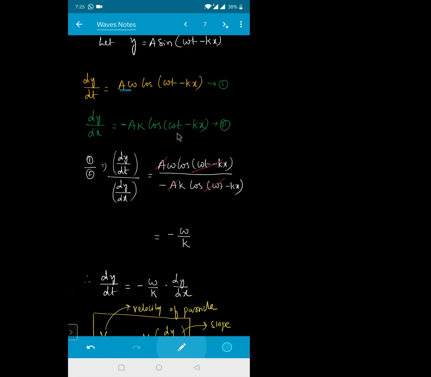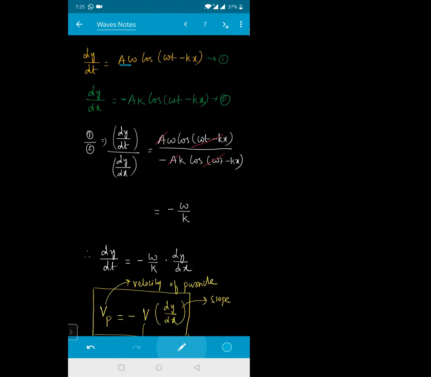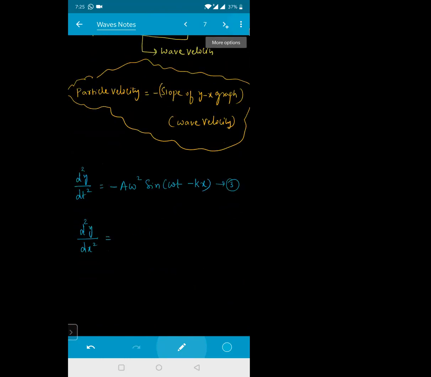If I'm differentiating this, k will come out. The differentiation of cos will become minus of sine. So differentiating the second equation, this becomes minus of a into k, into sine of omega t minus kx, into, again, minus of k.